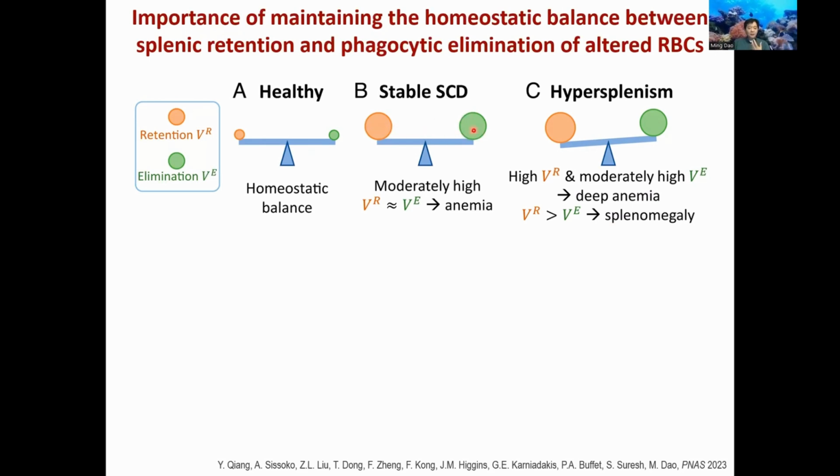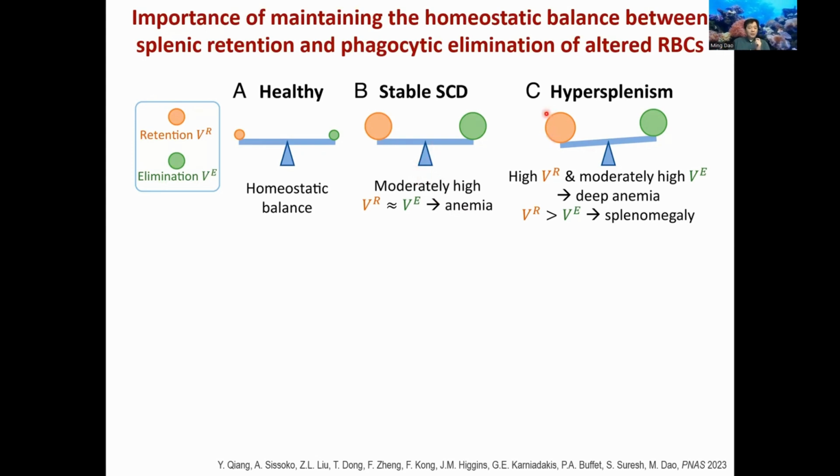As long as they remain balanced, it may cause anemia because it may overwhelm the red cell generation by the bone marrow. So that may cause anemia, but it may not cause any spleen swelling.